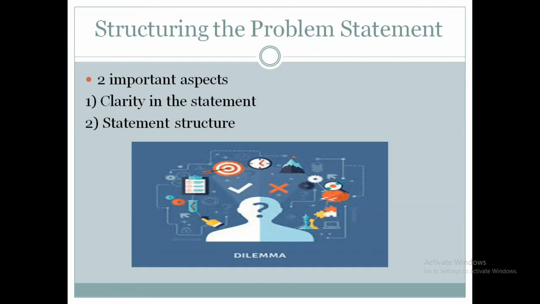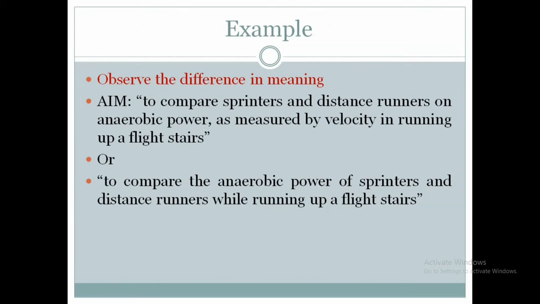For example, suppose a researcher conducts a study to compare sprinters and distance runners on anaerobic power as measured by velocity in running up a flight of stairs. Observe the difference in meaning if the researcher had worded the purpose as to compare the anaerobic power of sprinters and distance runners while running up a flight of stairs.